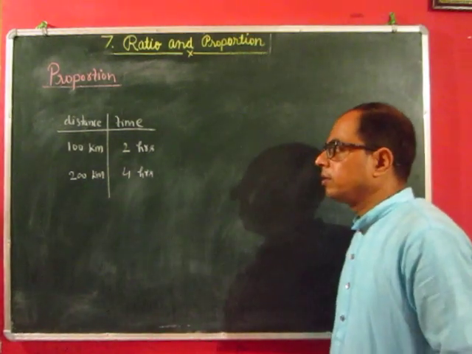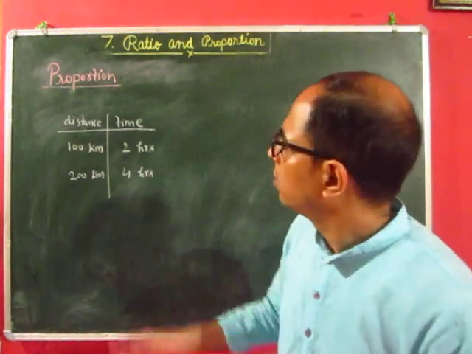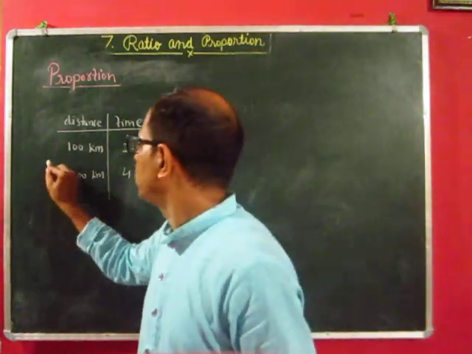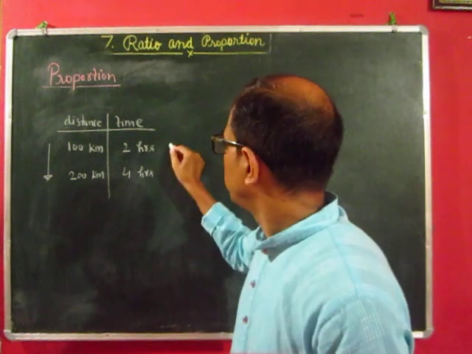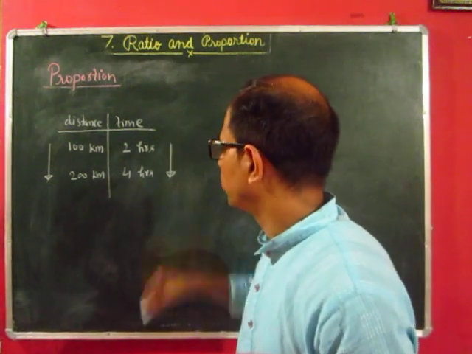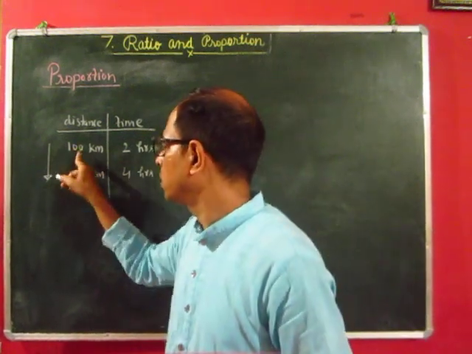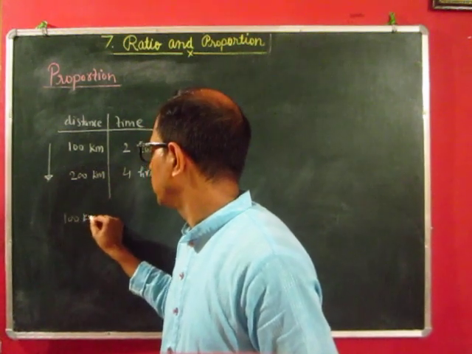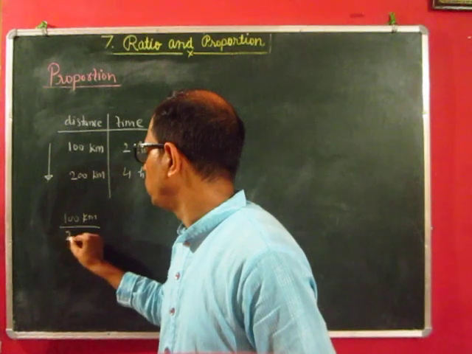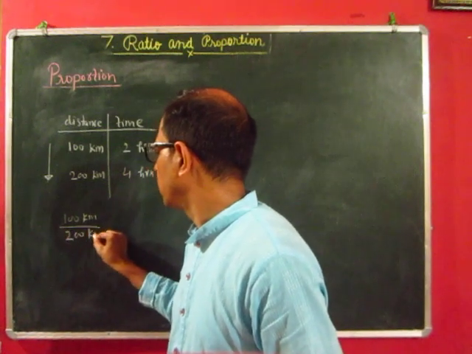Clear? Then here you can see the ratio of these two numbers and the ratio of these two numbers are equal. The ratio of these two distances is 100 km by 200 km.